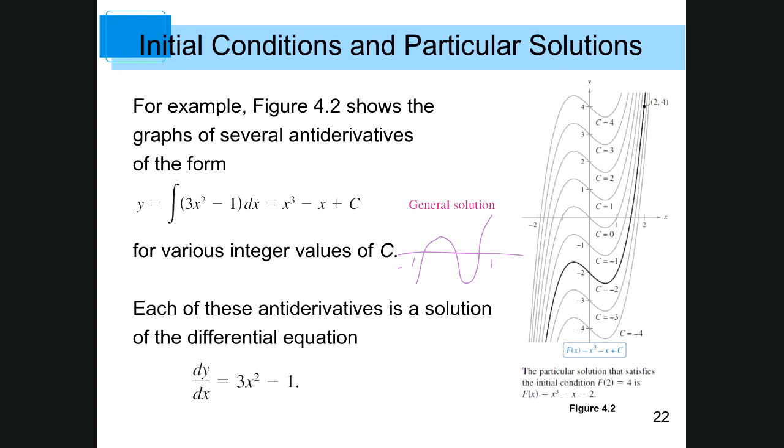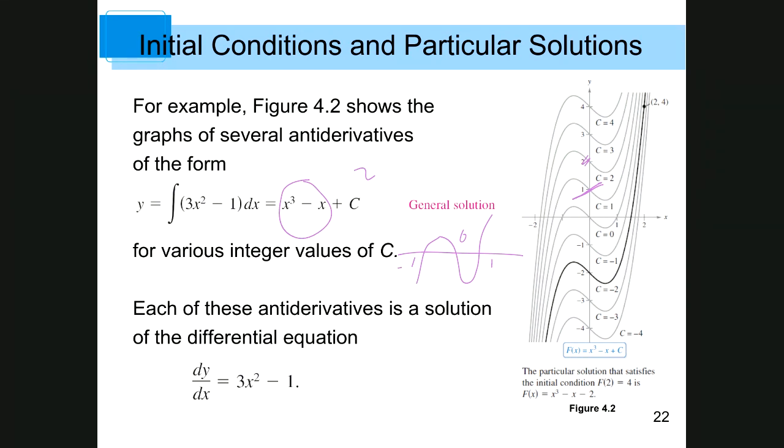Sometimes we want different ones. If you take plus 1, you will jump to this one. If you put plus 2, you will jump to this one, but they are all parallel. So you have a bunch of solutions.